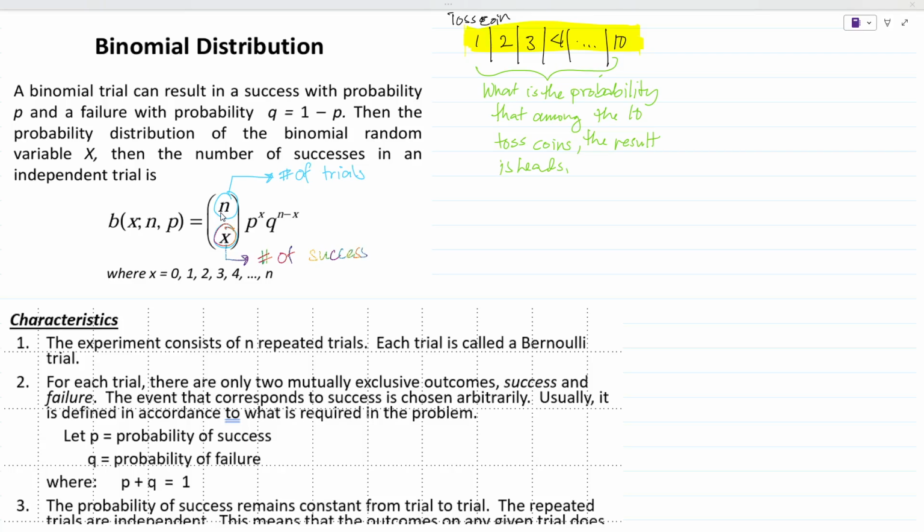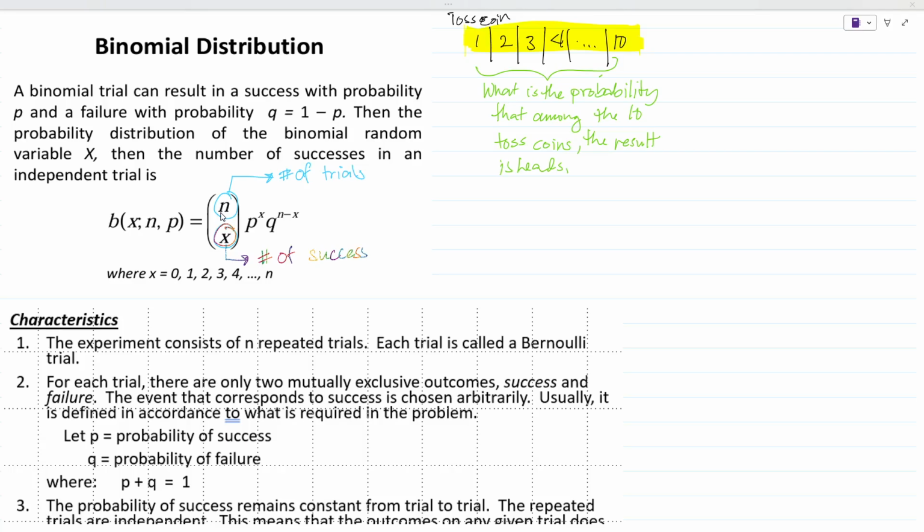Or, let's say for example, among the 10 na toss coin, ilan yung heads? Or, among the 10, the result of the 3 is heads. Kunyari, ganun. So, yun yung number of success.